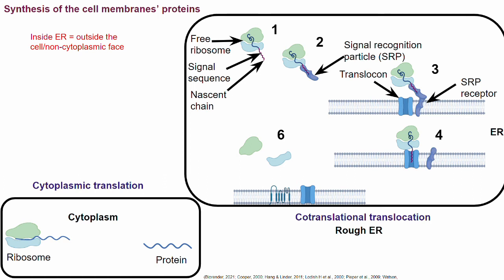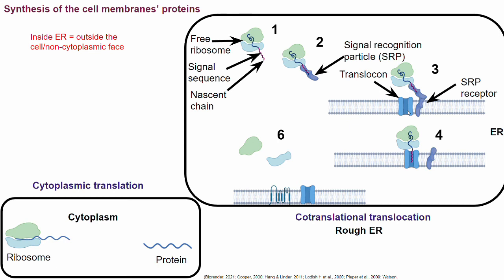When this signal is produced, a protein called signal recognition particle attaches itself to the signal and pulls the whole complex, the ribosome, protein, and mRNA complex, to the endoplasmic reticulum. There will be an SRP receptor, the signal recognition particle receptor, which will adjust the whole complex and attach it firmly to the endoplasmic reticulum membrane. We have a translocon.